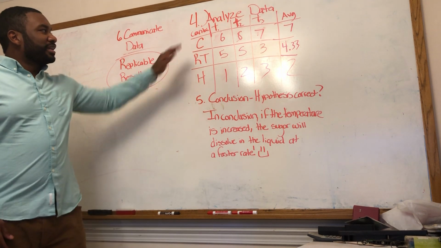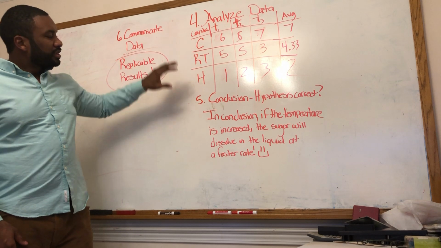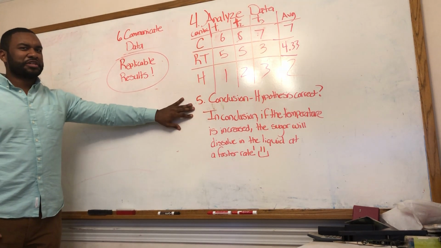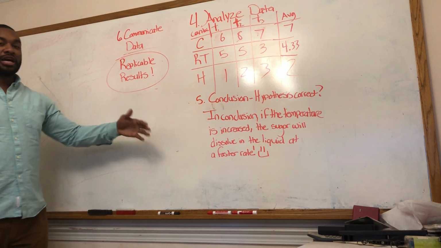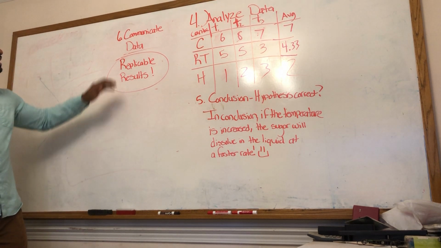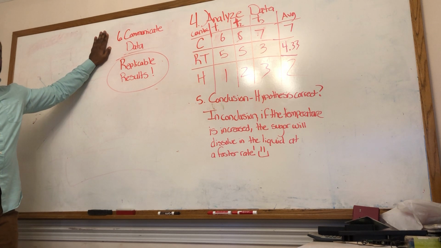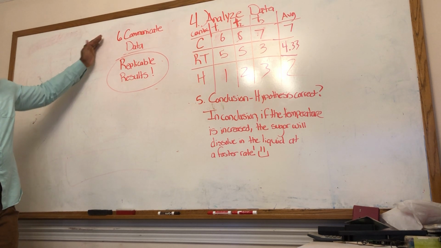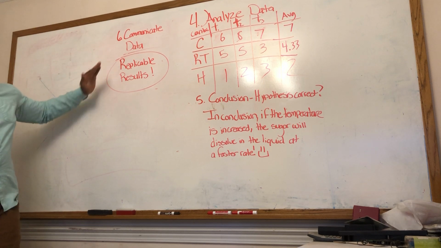Number 4, analyze the data. Number 5, form a conclusion. Was our hypothesis correct? In this case, it was. And number 6, communicate data to other scientists or other people, and the results should be replicable.